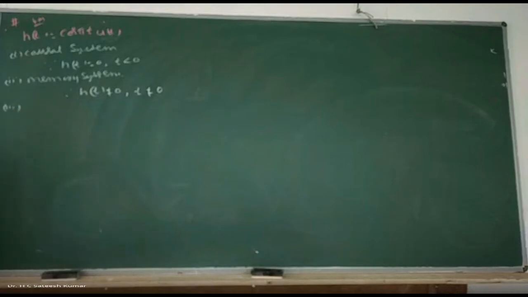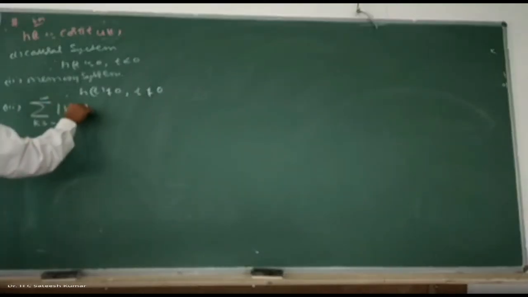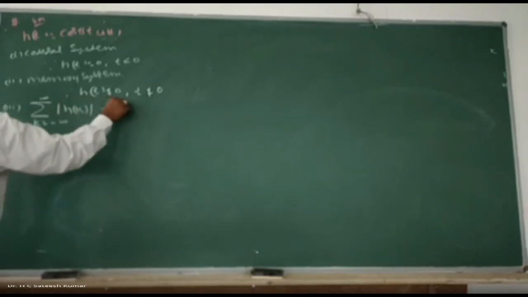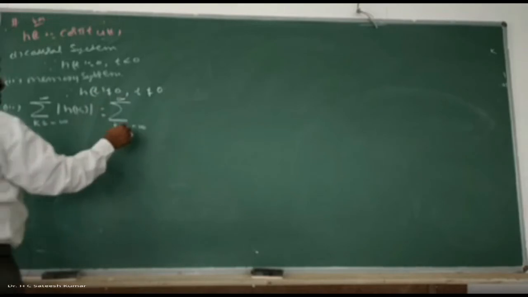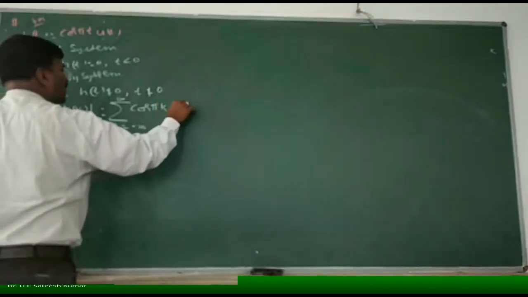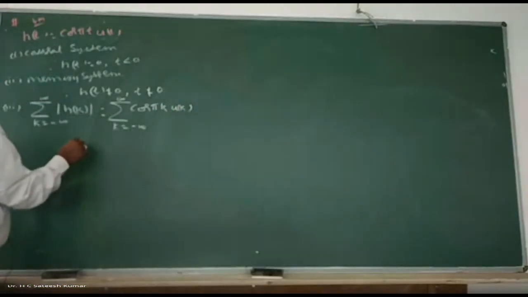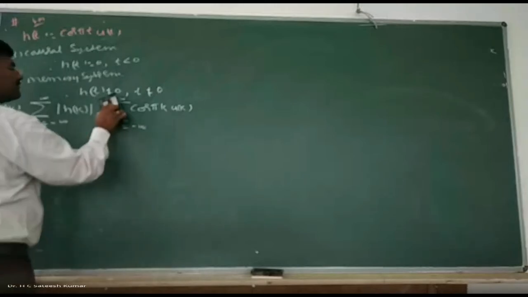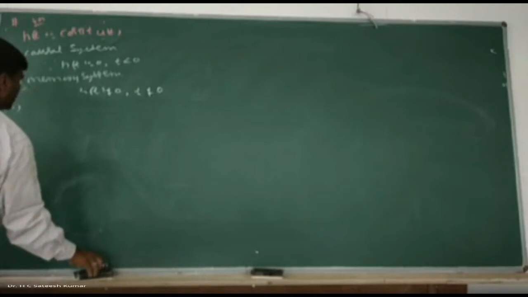Third one is stability. Summation k ranges from minus infinity to plus infinity, magnitude of h of k. Here h of k is cos pi k into u of k. Wherever n is there, for continuous it is integration.